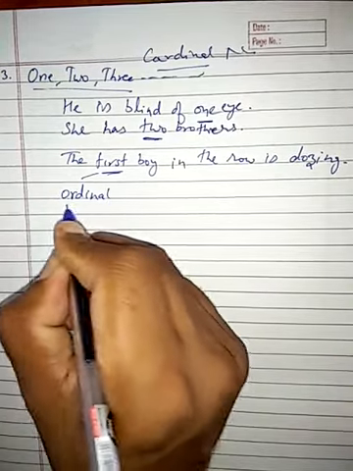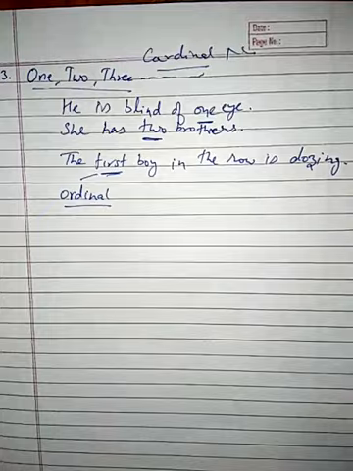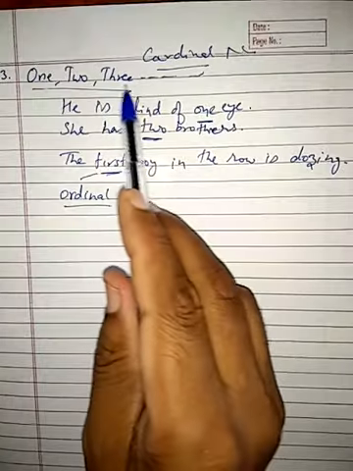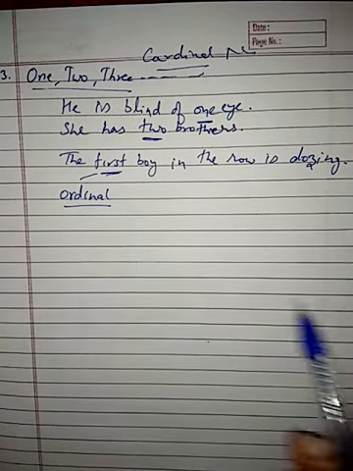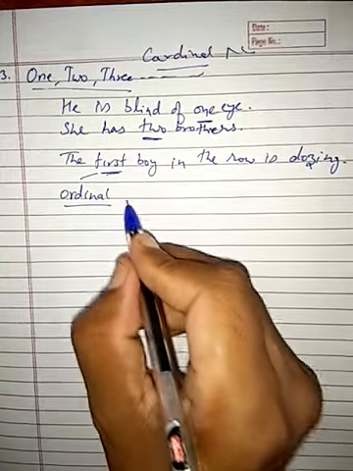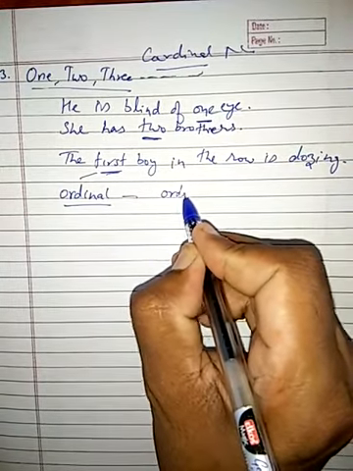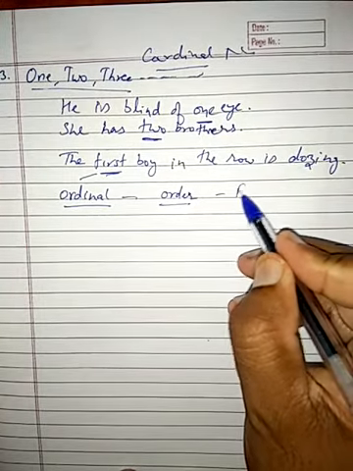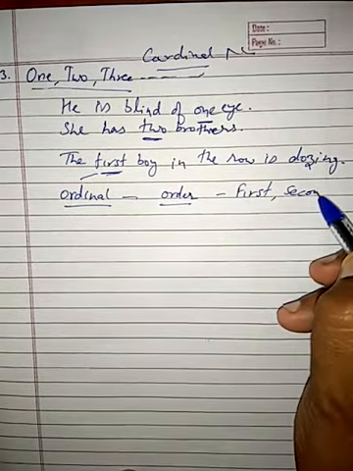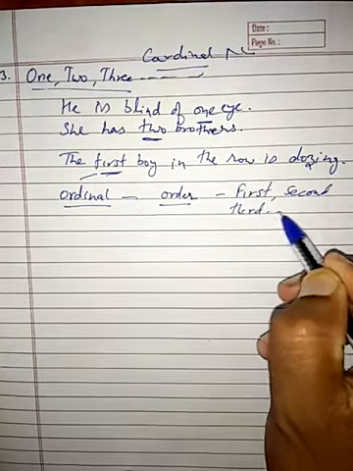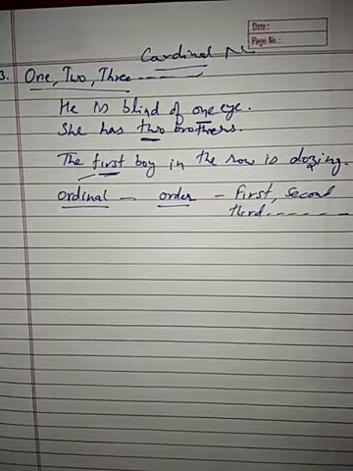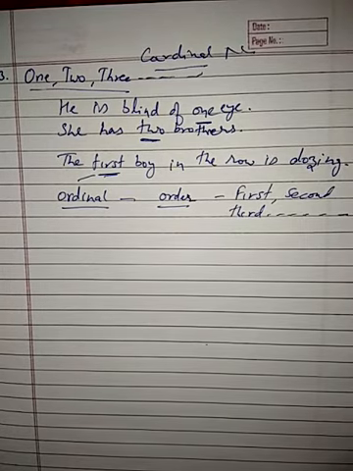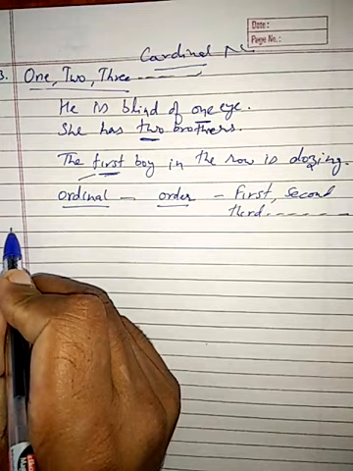There are two kinds of numerals, beta, cardinal and ordinal. Cardinals are 1 2 3 4 5, as we do in counting. And first, second, third are ordinals, that tell you about order or sequence of things, rank of something, like first, second, third, and so on. Clear? Second division, first rank. Is that clear? Then move to the next one.